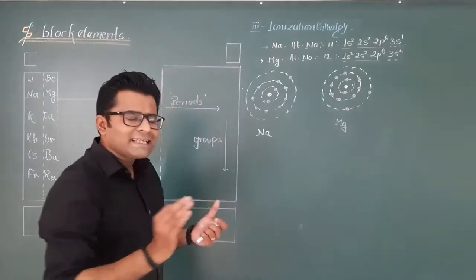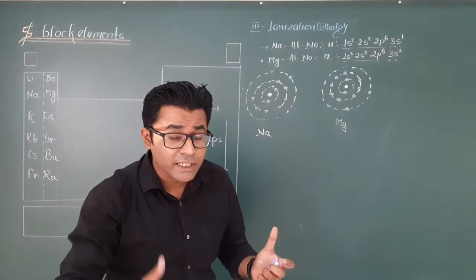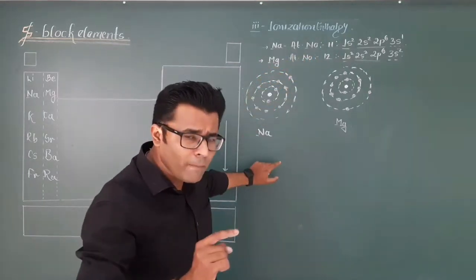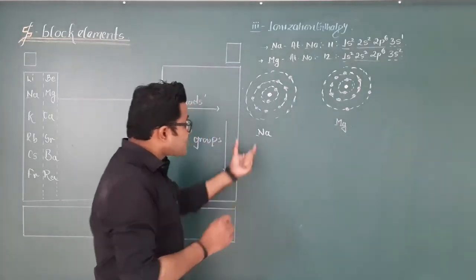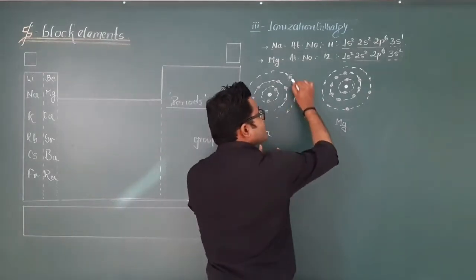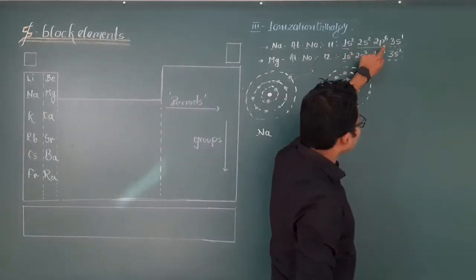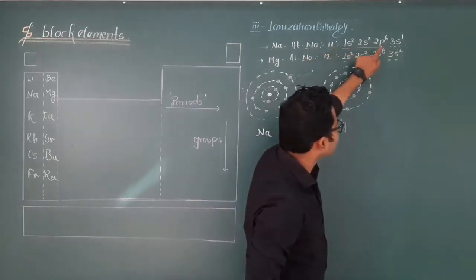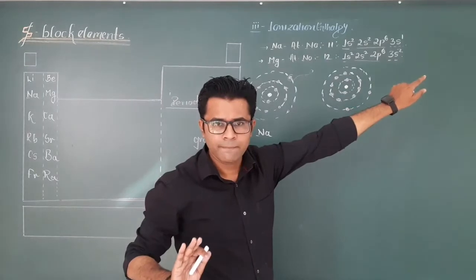So what exactly is ionization enthalpy? It is nothing more than the amount of energy required to remove the outermost electron from an atom in its gaseous state. Now, in the case of an alkali metal, if it loses one electron, it has a completely filled outermost shell when the 3s1 electron is lost.